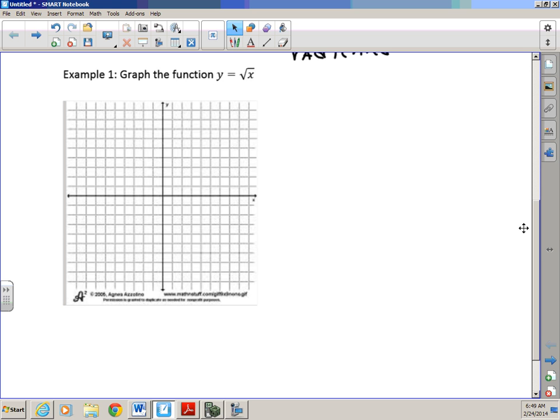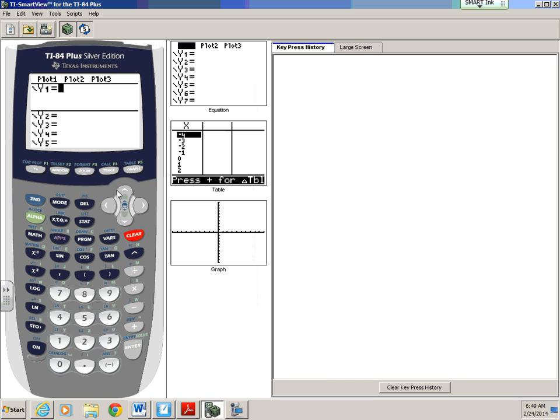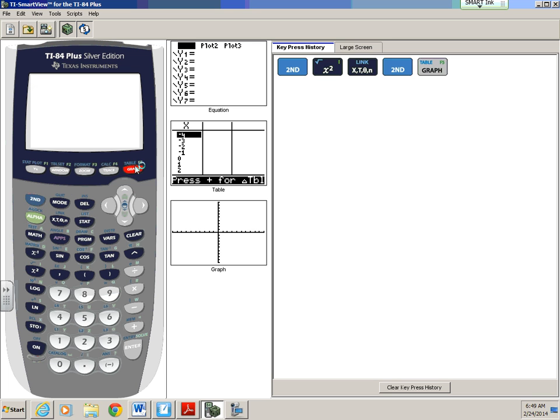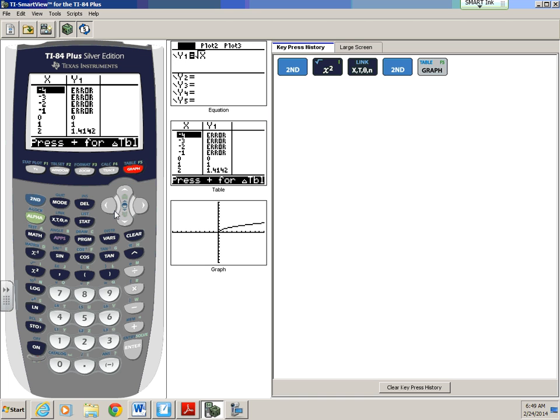So if I want to graph the equation y equals the square root of x, let's pull up our graphing calculator here. In this particular calculator, to get the square root symbol, it's second, the x squared button, and then I put the x in there. And then, like all of our graphing, we want to call up the table as opposed to looking at the graph itself.